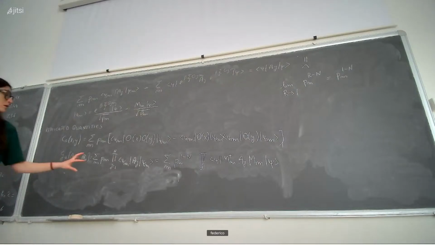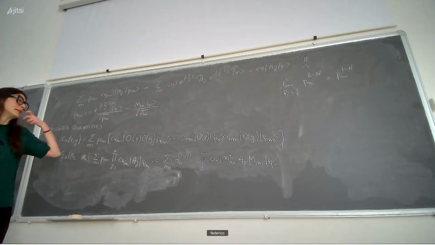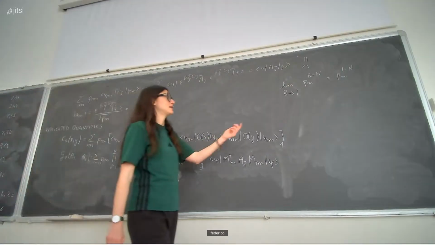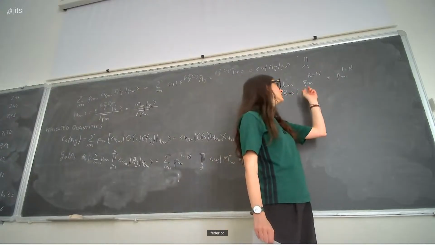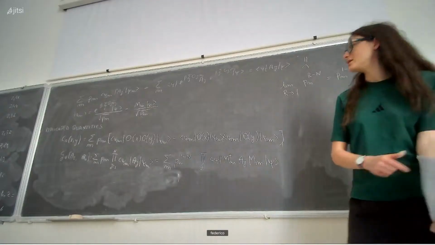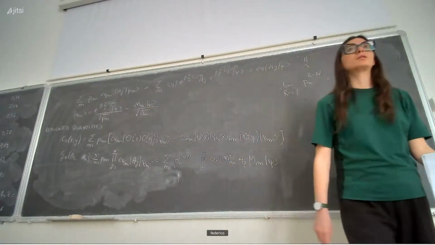So if you have seen something in the literature of disordered systems, there the replica case takes the limit of r going to 0 rather than r going to 1, just because we have this Born probability factor.